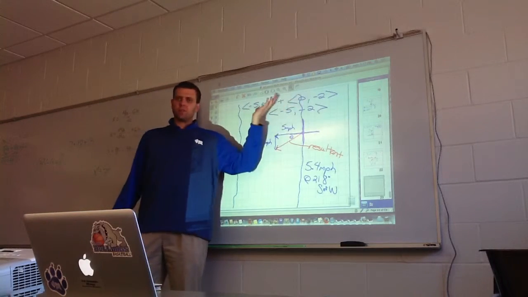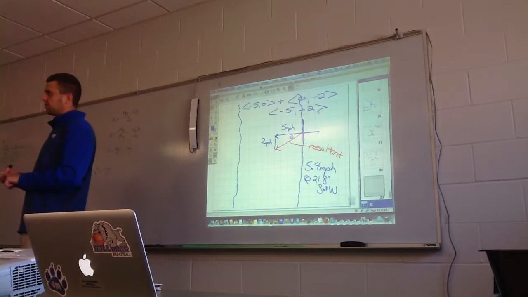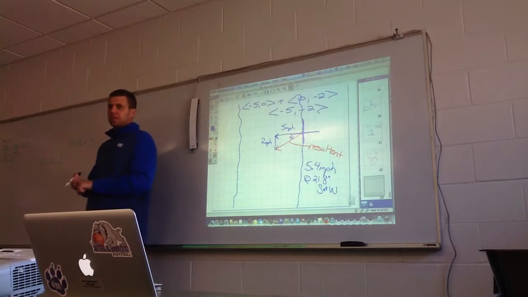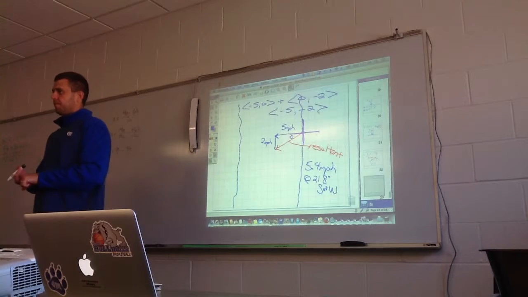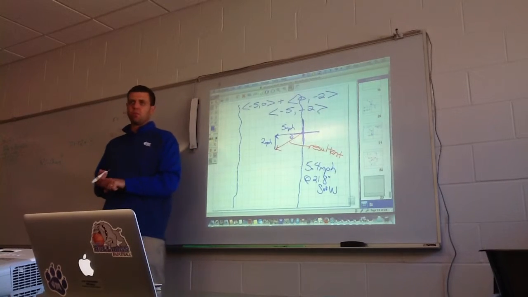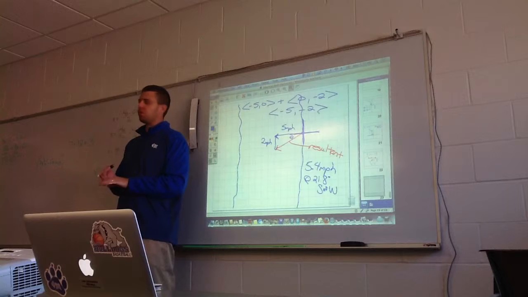This is called solving problems using vertical and horizontal components and adding them together. Some of you will like this method for the more complicated ones, especially when we start adding 3 vectors together.